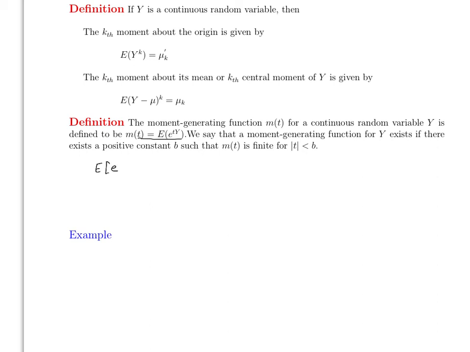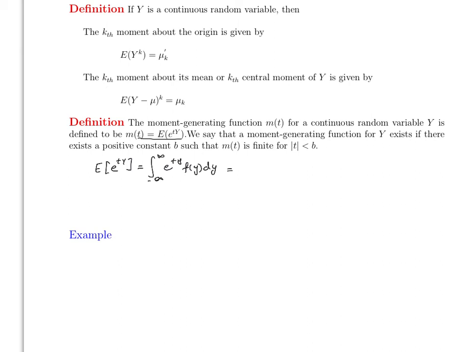Remember, by definition, e to the ty, we will expand it in a Taylor series. So first, this is supposed to be the integral from minus infinity to infinity of e to the ty f of y dy.